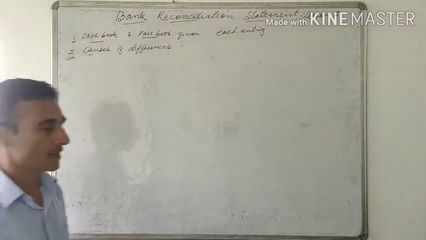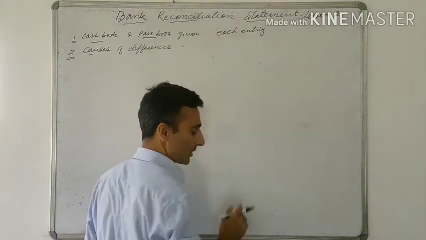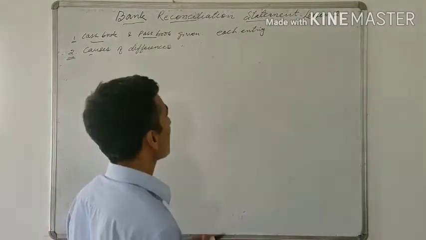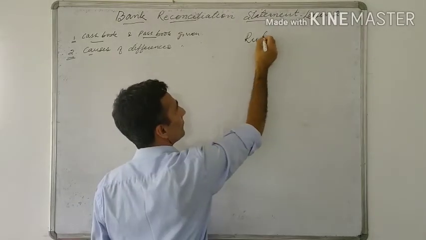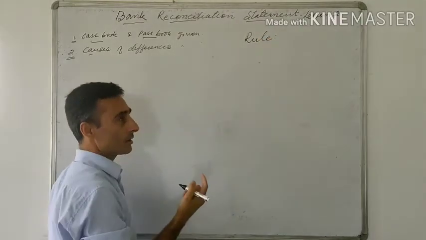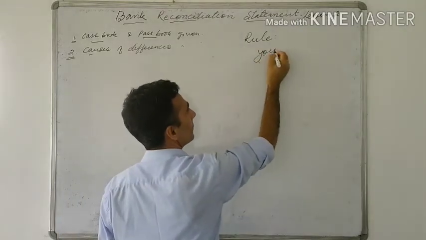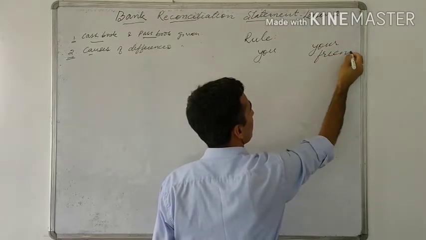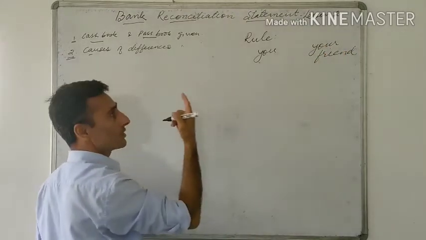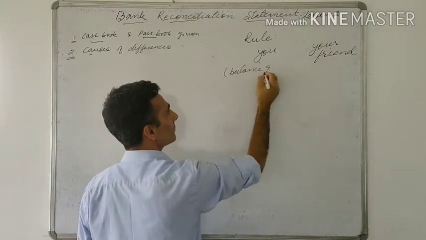Now here I tell you the rule to apply to prepare the bank reconciliation statement. Now in order to follow the rule, I will have two persons. One is you, another one is your friend. Now who is you? You will always be the balance given.